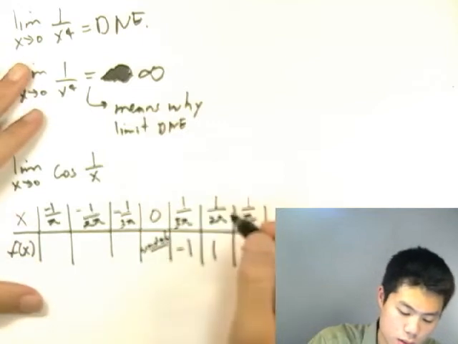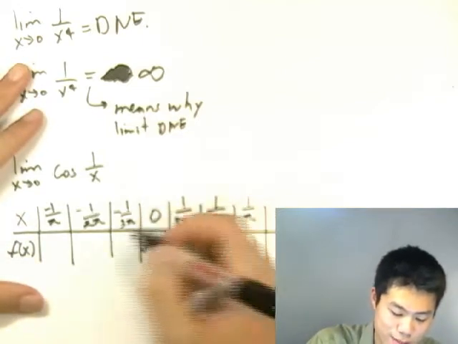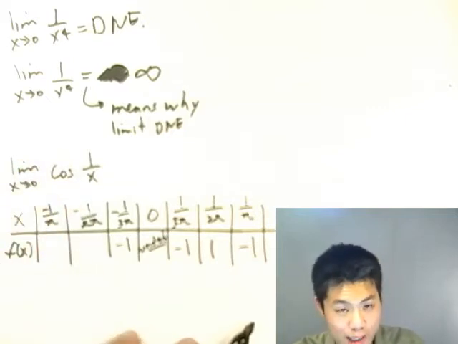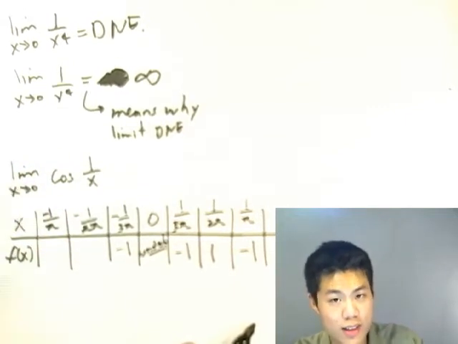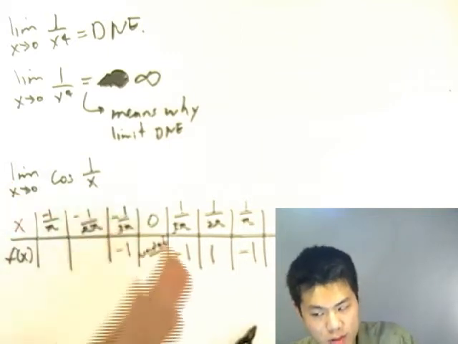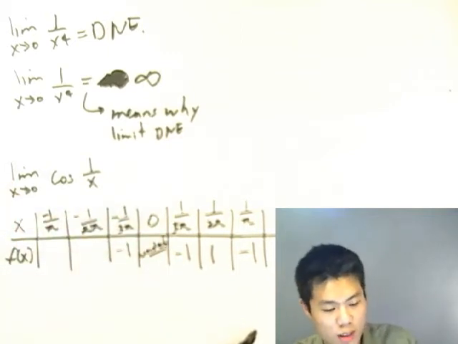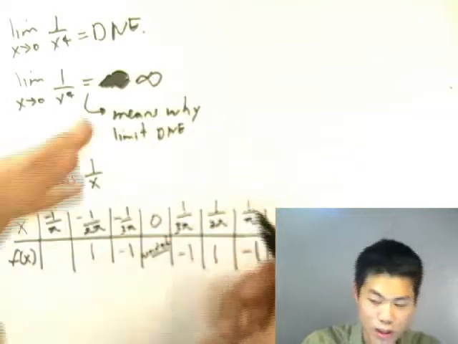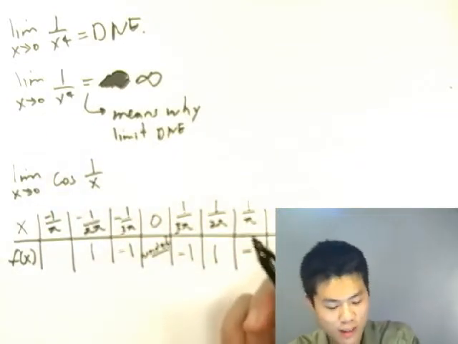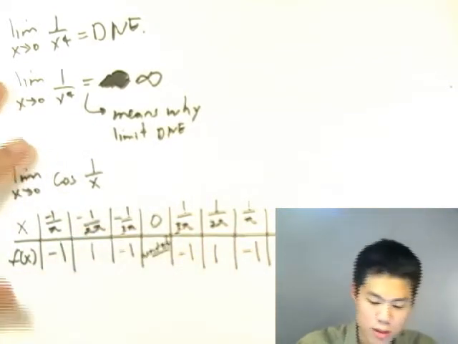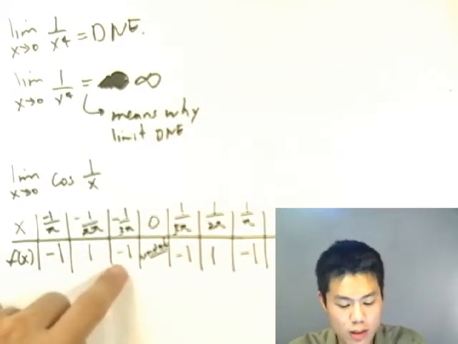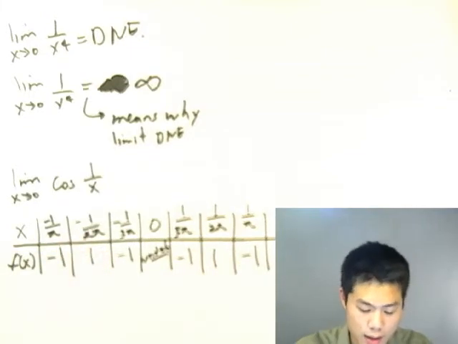It's going to equal -1. Sorry. Cosine of 1 over -2 pi is going to equal cosine of -2 pi, which is going to equal cosine of 0, which is going to equal 1, and cosine of 1 over -pi is equal to -1. Whew. It's oscillating. It's -1, 1, -1, -1, 1, -1.